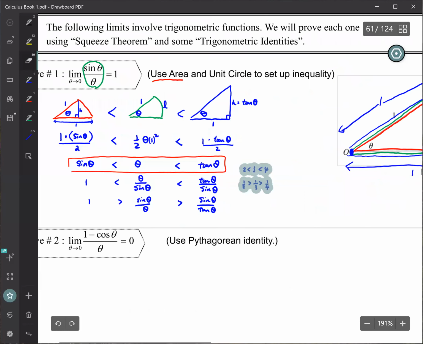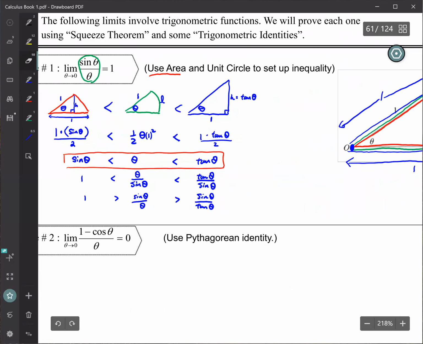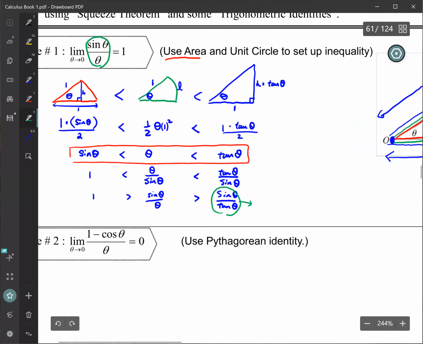Now, the last thing I want to simplify a little bit is this one. Wait, is sine over tan the cosine thingy? Didn't you teach us some weird rules last year? Yeah, we have some identities, right? So tangent, I can write it as what over what?